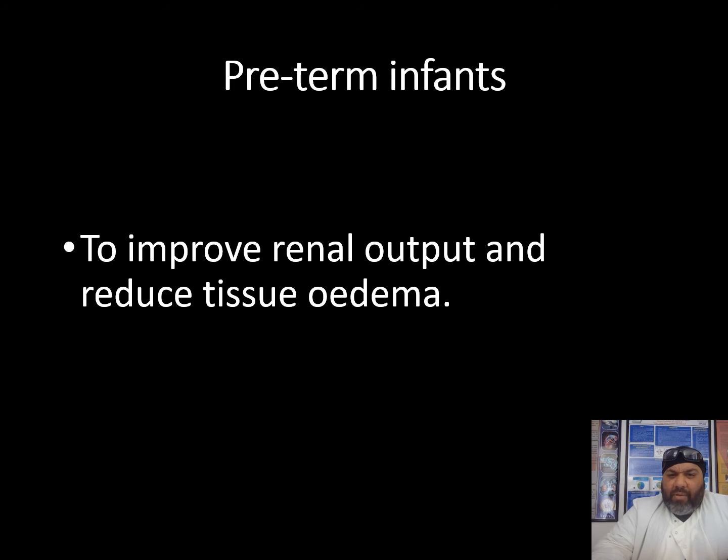A little bit about preterm infants as well. In preterm infants, one of the main aims is to improve renal output and reduce tissue edema, and again in conditions known as nephrotic syndrome or focal segmental glomerulosclerosis, or FSGS, where protein leaking is part of the etiology of the renal condition.